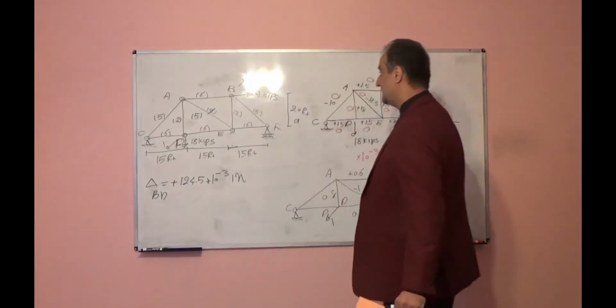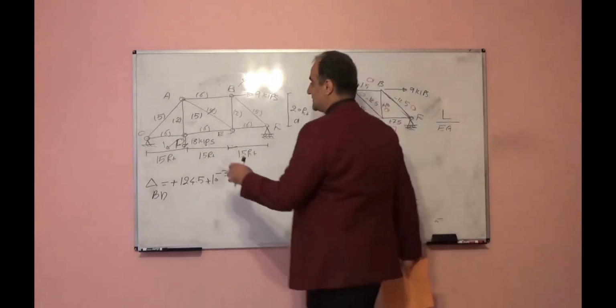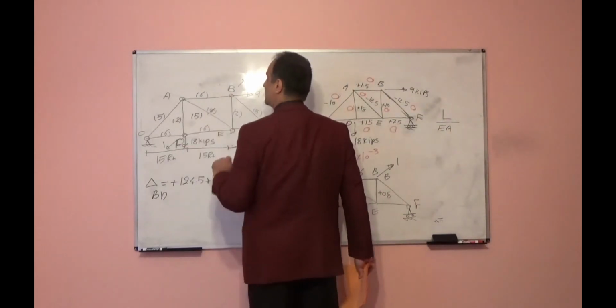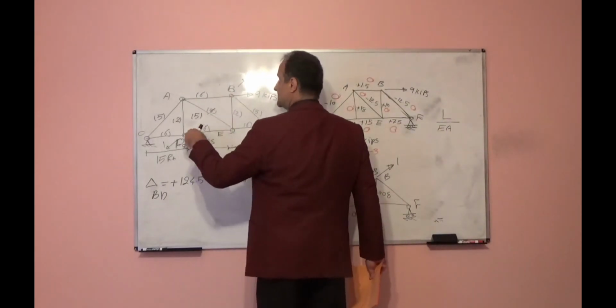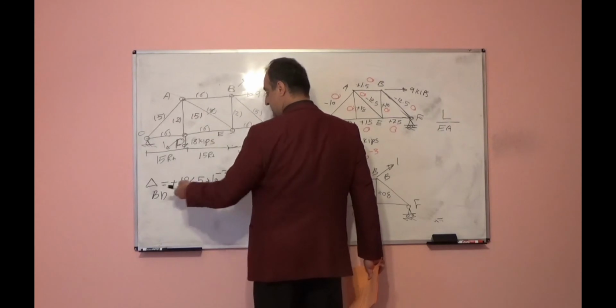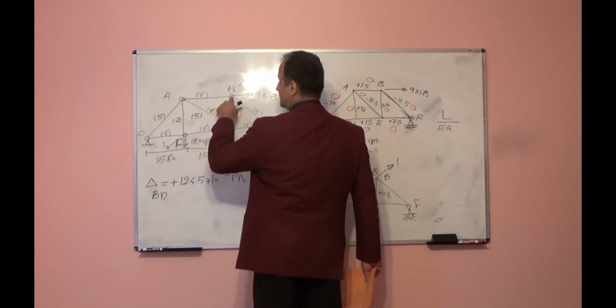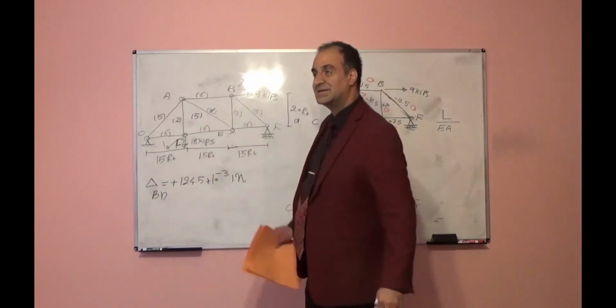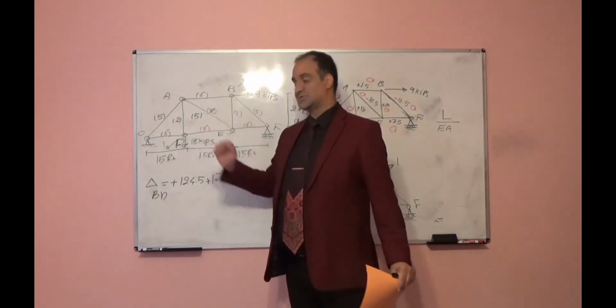Now, if we have the extra member here, what will happen? This relative displacement will create elongation in this member.